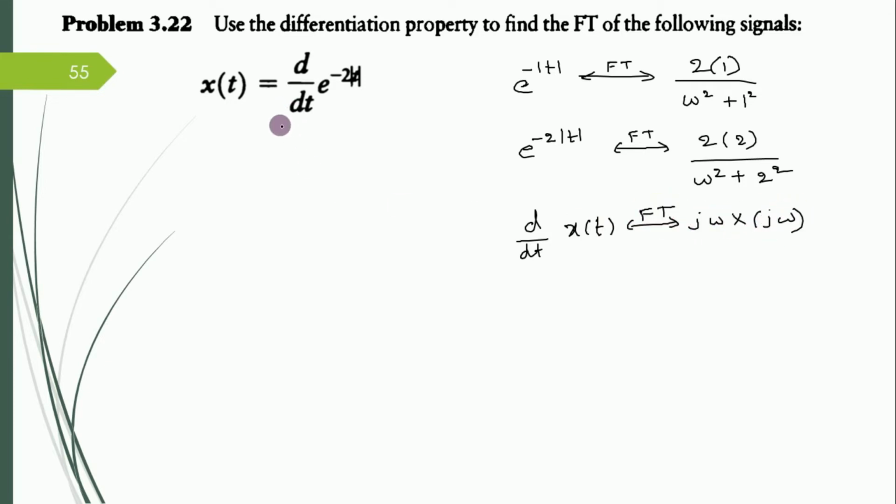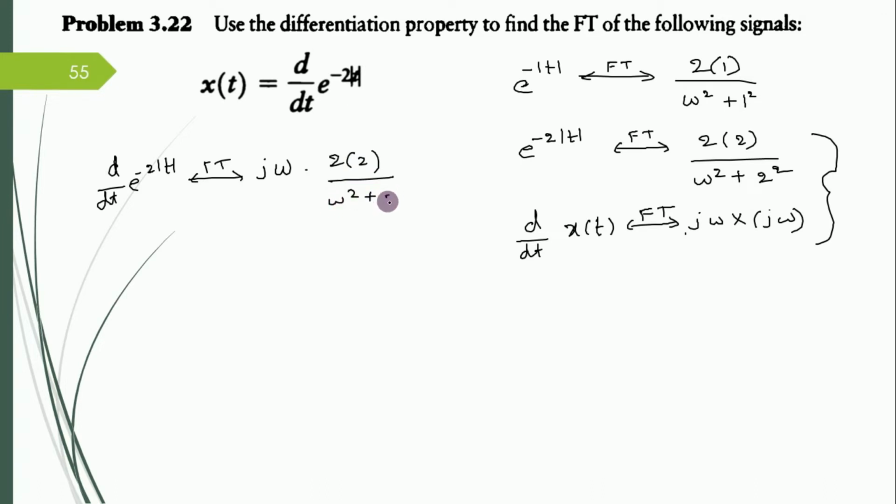So I take d by dt of e raised to minus 2 mod t, and write its FT pair by combining these two things. Because differentiation is there, the j omega component comes. Now X of j omega is already here. If I consider this as x of t, X of j omega is already there. So you write it as j omega into 2 into 2 divided by omega square plus 2 square.